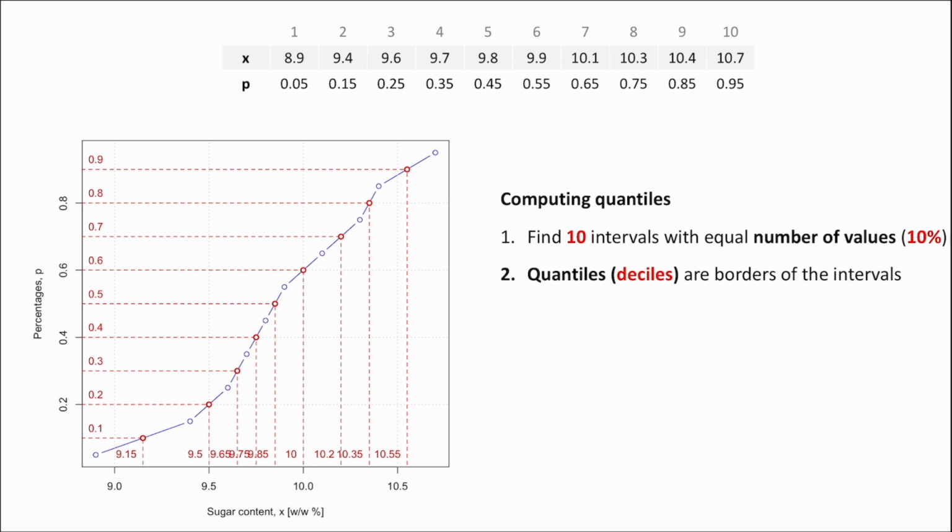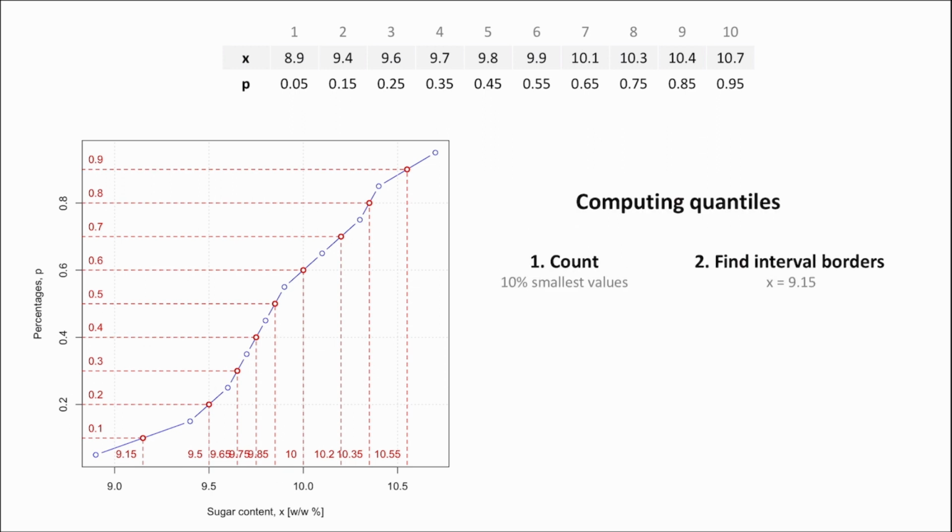Now, we can of course do it for any number of intervals. For example, we can split our percentage range into 10 equal intervals, so in this case we have 10% in each. The quantiles that correspond to 10% intervals are called deciles. Then we can compute the boundaries. You can see that here the intervals are equal, but in the values range the size of the intervals is not equal, of course. So in general, we can summarize this as follows.